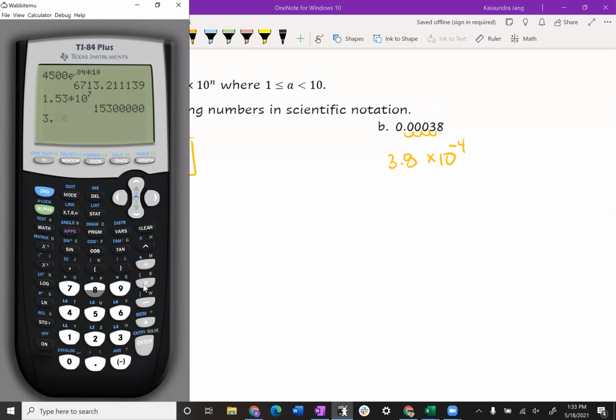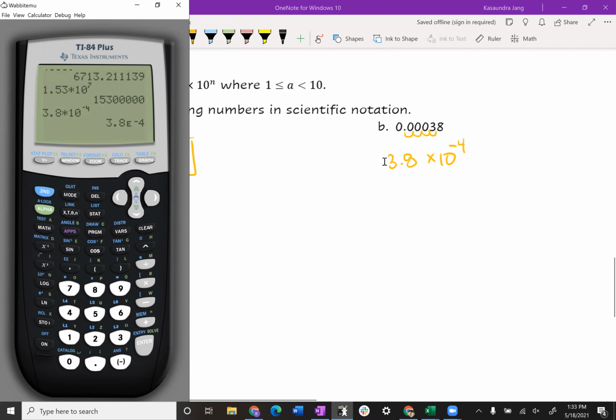3.8 times 10 to the -4. Okay, so let's see, I should have, let's see if it'll, calculator's not working for me. Decimal form would be 0.00038.